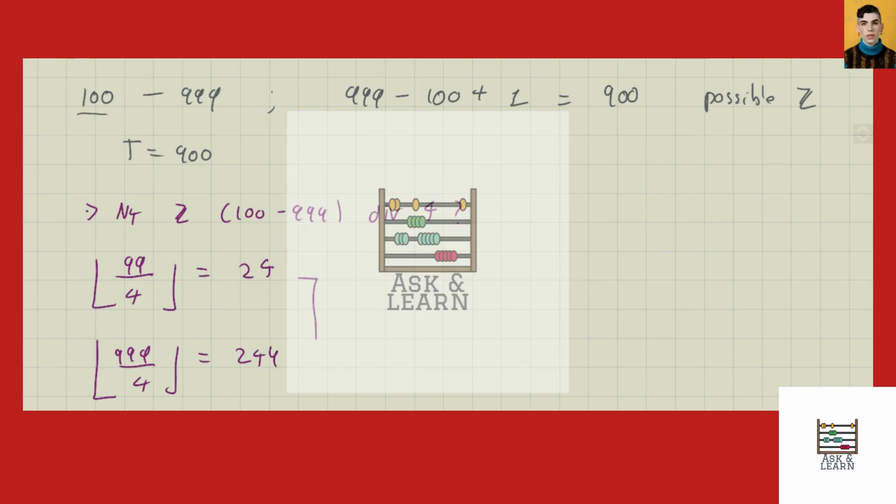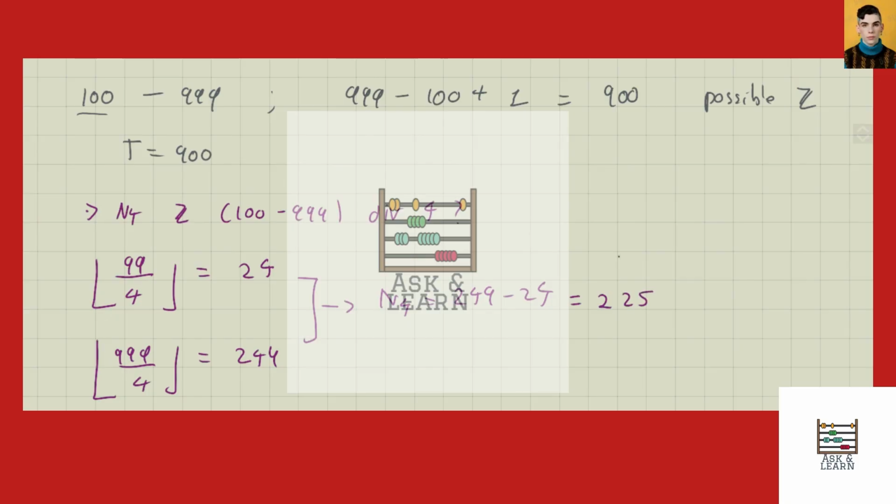So then the total number of integers on that interval that are divisible by 4 is 249 minus 24. So this is equal to 225.